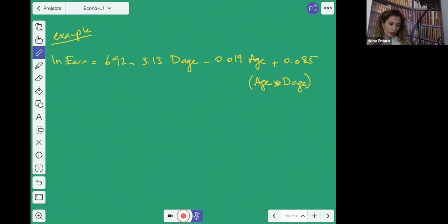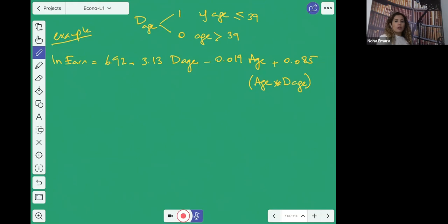Okay, now let's define the dummy. So this dummy variable is a binary variable dAge that takes 1 if age is less or equal to 39, and it's going to take 0 otherwise, or if age is strictly greater than 39.